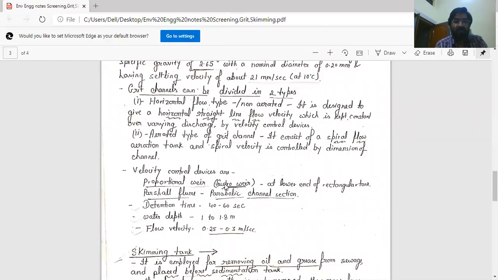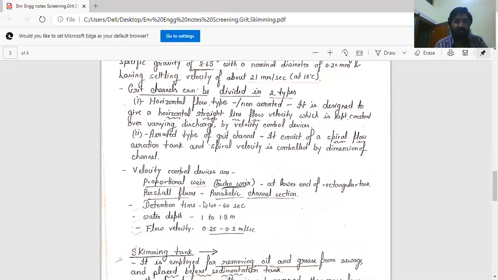Now velocity control devices are proportional weir or Sutro weir. A weir is a type of dam or wall. The weir is situated at lower end of rectangular tank.